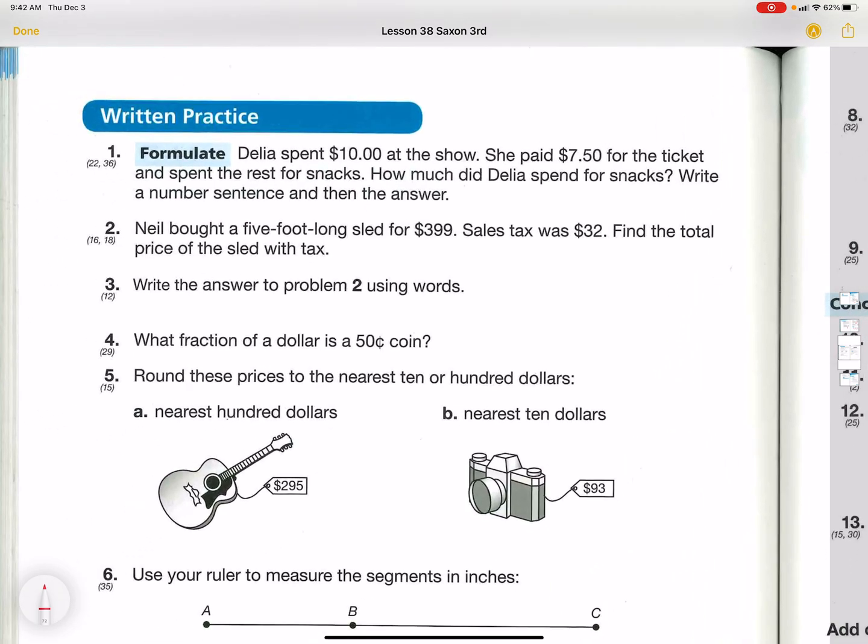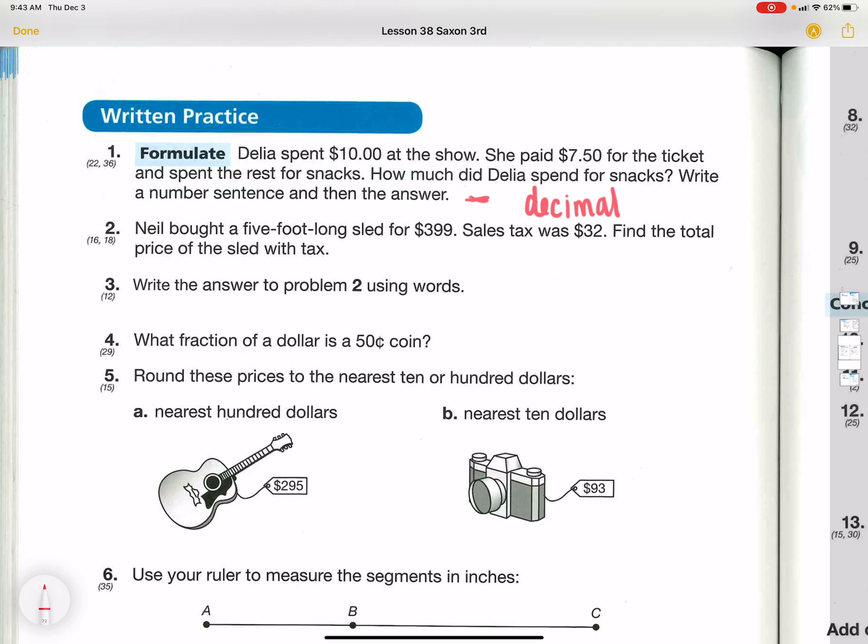Okay. Let's take a look here. Spent $10. She paid $7.50. I want you to subtract, and I want you to make sure you remember your decimal. Number 2, Neil bought a 5-foot-long sled for $399. Sales tax was $32.